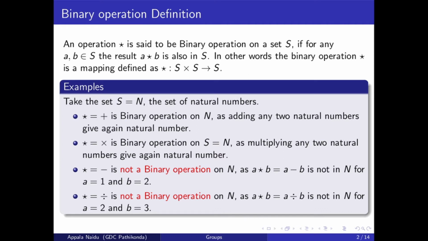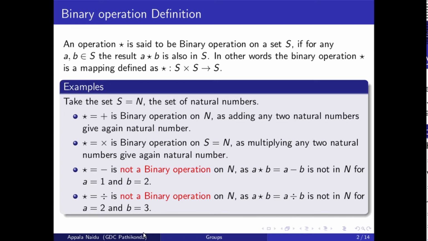Because of that, in situations where the result is not in the set of natural numbers, like in this case a star b equal to a minus b, a equal to 1 and b equal to 2, the result a star b is minus 1, which is not in N. Hence minus is not a binary operation on the set of natural numbers.